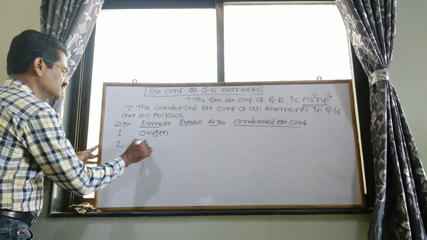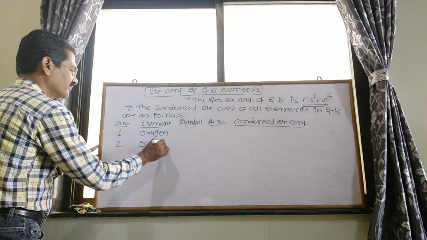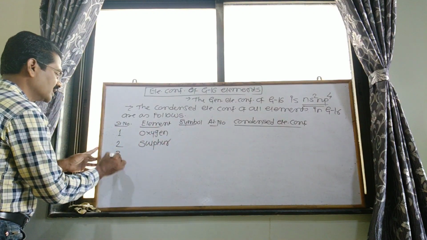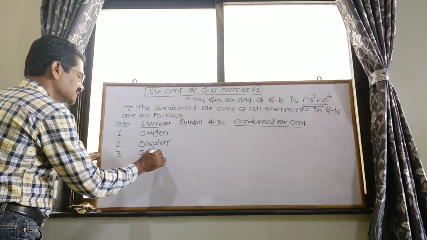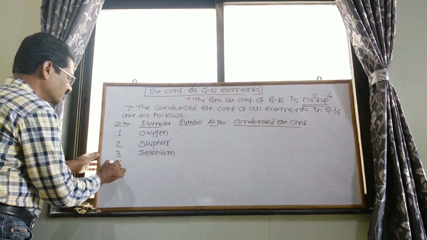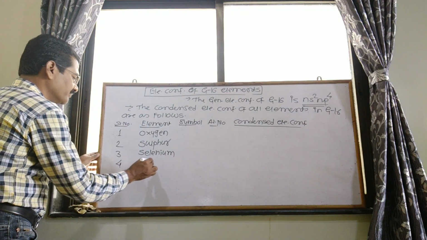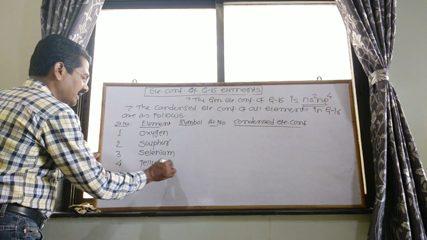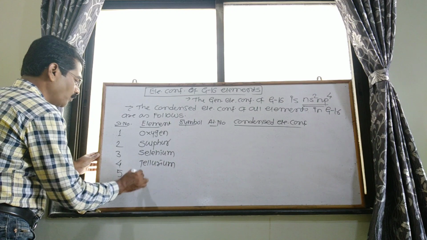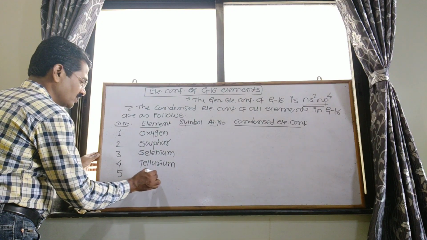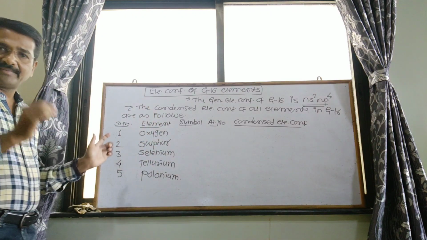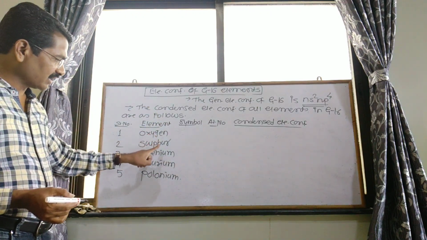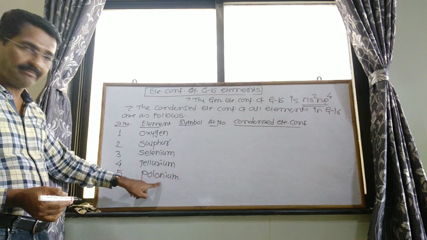Second element is sulfur. Third, selenium. Fourth one is tellurium. And the last one is polonium. See the 5 elements: oxygen, sulfur, selenium, tellurium, polonium.